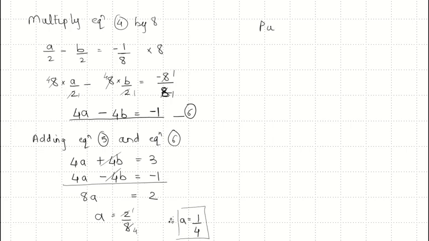Now put a is equal to 1 upon 4 in any equation, 5 or 6. Let's take equation 5: 4a plus 4b is equal to 3. What is a? 4 into 1 upon 4 plus 4b is equal to 3.